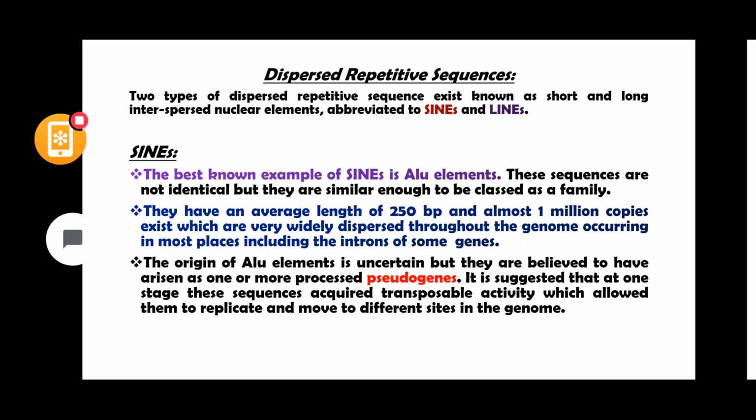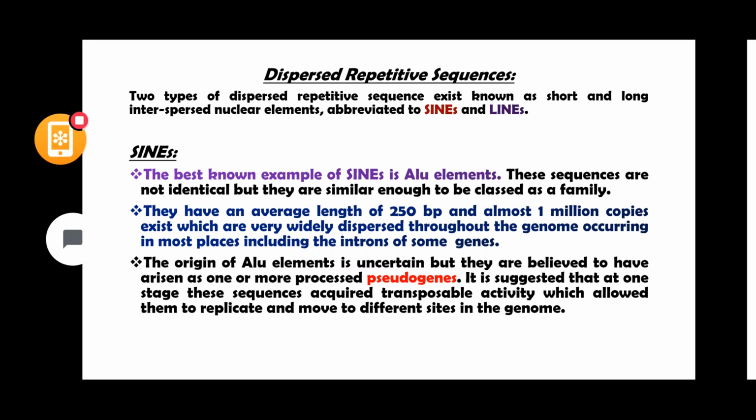It is usually present in the form of introns in some genes. Now the origin of this ALU element is uncertain. Usually it is believed to be a pseudogene because it has no function. It can't jump by itself, and has to depend upon LINE to get the transposase enzyme.